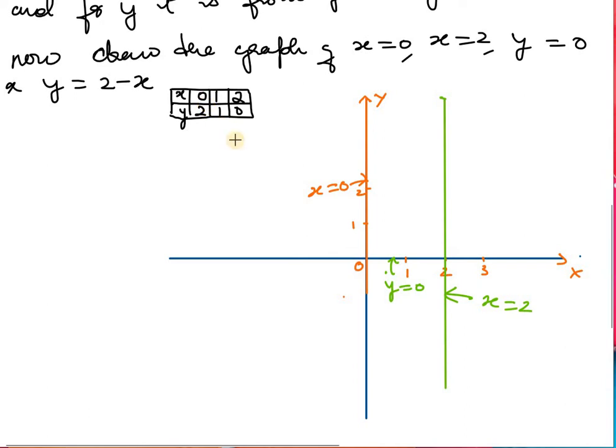See, when x is equal to 0, y is equal to 2. I'll just mark this point here. And then when x is equal to 1, y is 1. And then when x is equal to 2, y becomes 0.